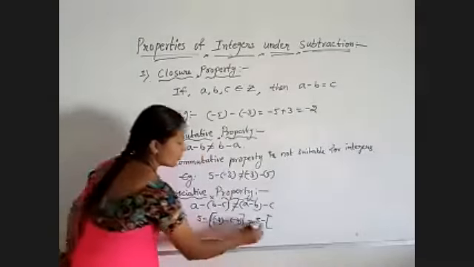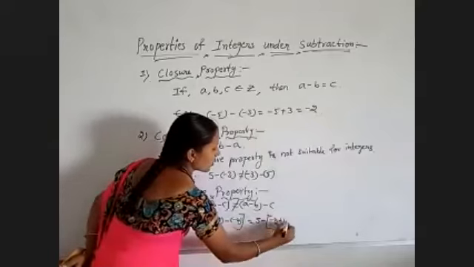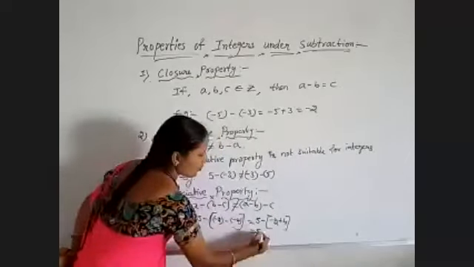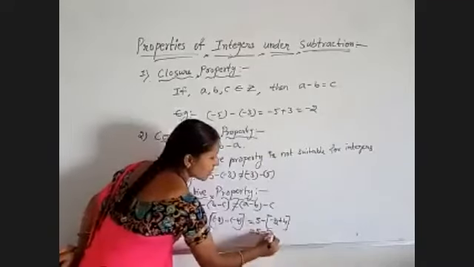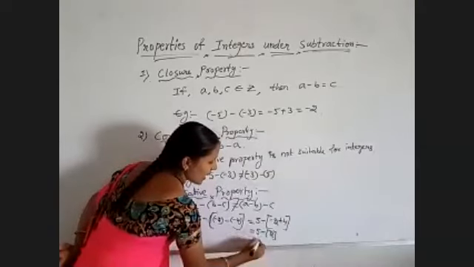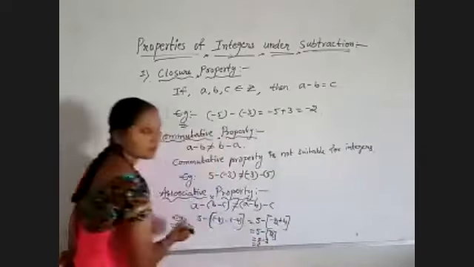Minus 2 minus of minus 4, minus into minus plus 4, so minus 2 plus 4 is equal to plus 2. Now 5 minus 2 is nothing but 3.